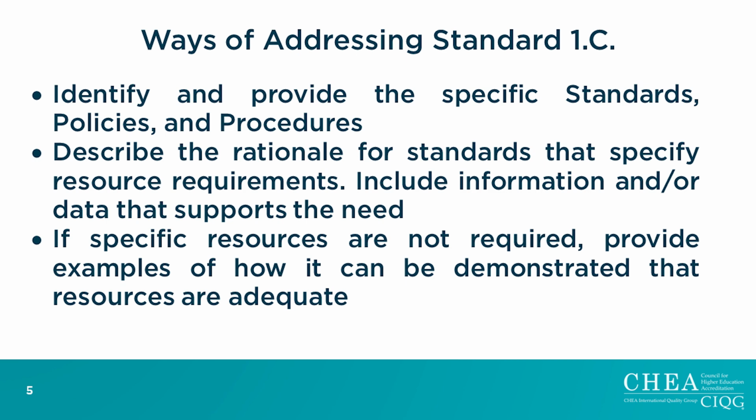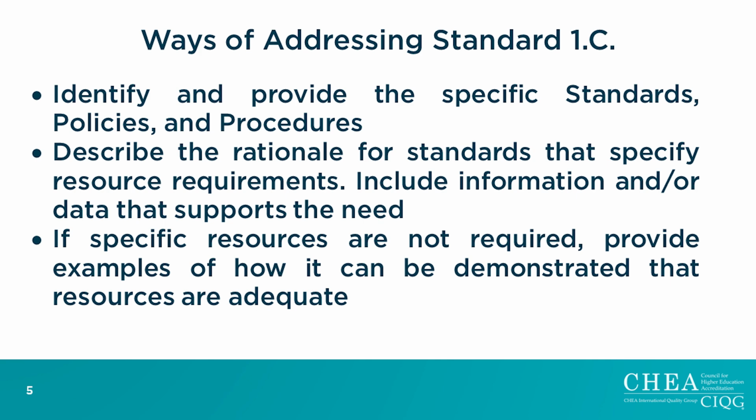In Standard 1C, the accrediting organization provides evidence that it implements and enforces standards, policies, and procedures that require resources specific to ensuring adequate student preparation and health and safety. The accrediting organization may describe the rationale for standards that specify resource requirements such as budget, faculty, equipment, physical facilities.